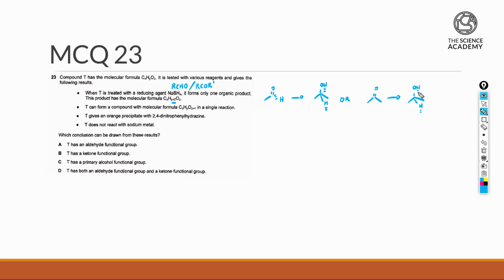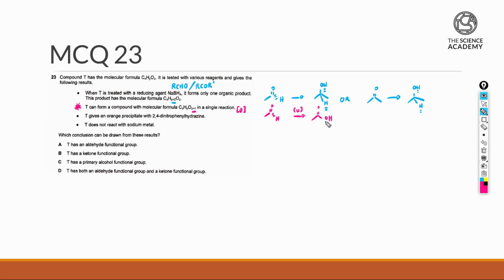Not very informative. So for the second case here, it can give a compound with a Z+1. Now I think this is the most important point. Anything that causes an increase in oxygen is usually going to be an oxidation. So if I started out with an aldehyde and went for an oxidation event, whether with acidified KMnO4 or acidified potassium dichromate, I'll be obtaining a carboxylic acid.